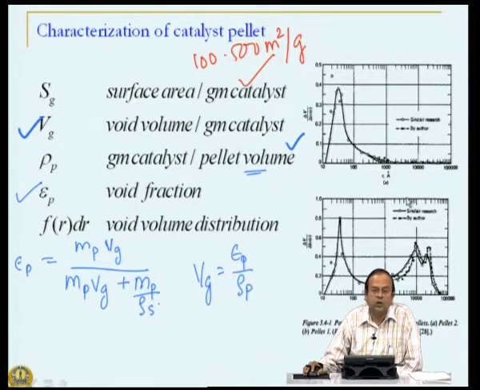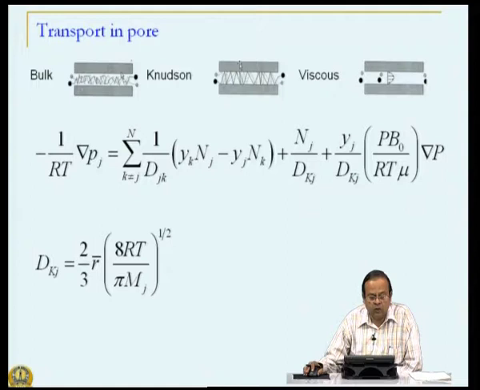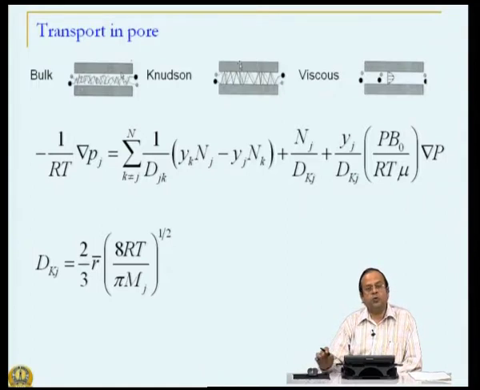Now, before we turn our attention to chemical reaction and look at what happens when the reaction takes place, let's look at once again the transport in the pore. Now, when it comes to transport in the pore, there are three different ways in which gas can flow through the pore.